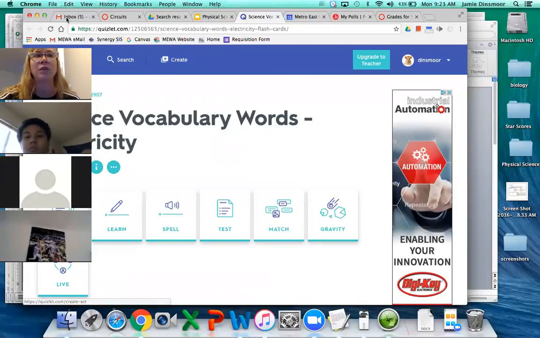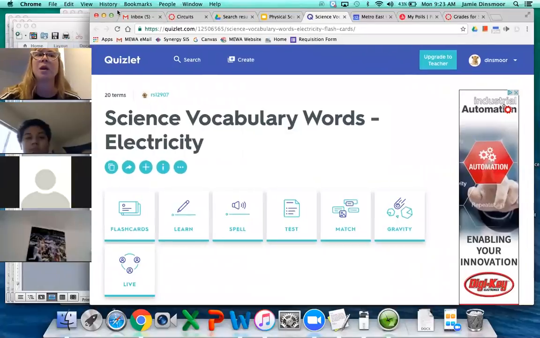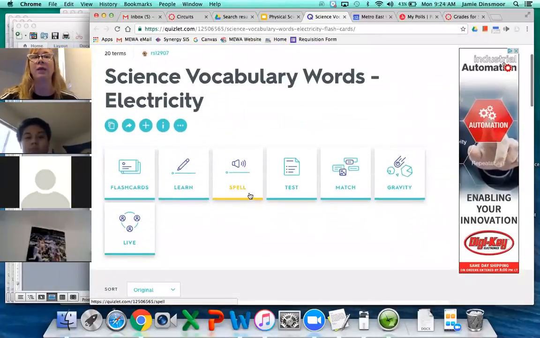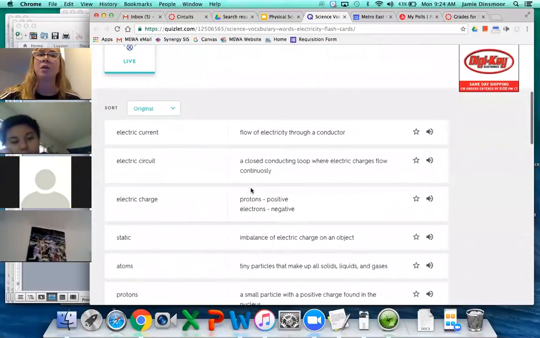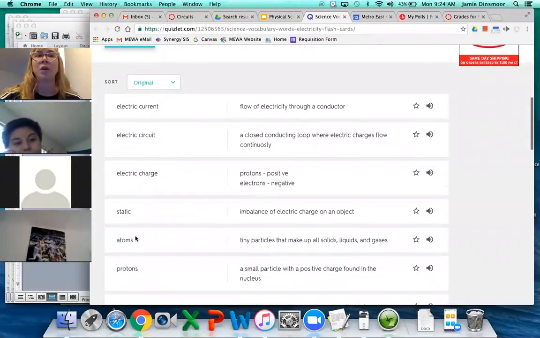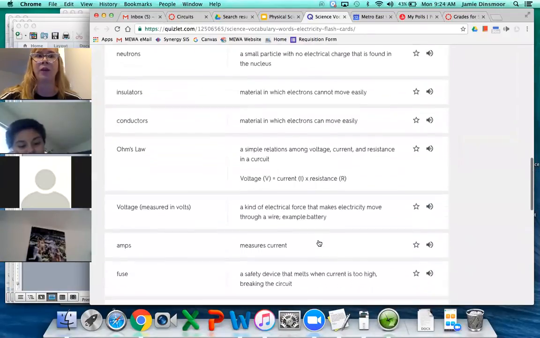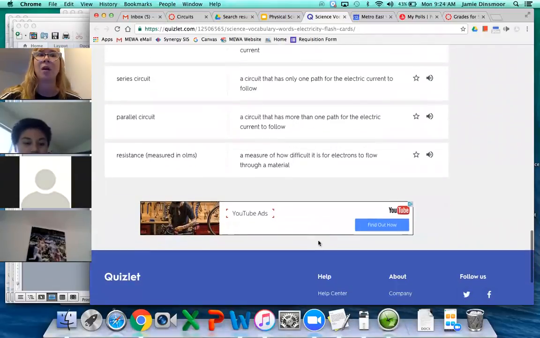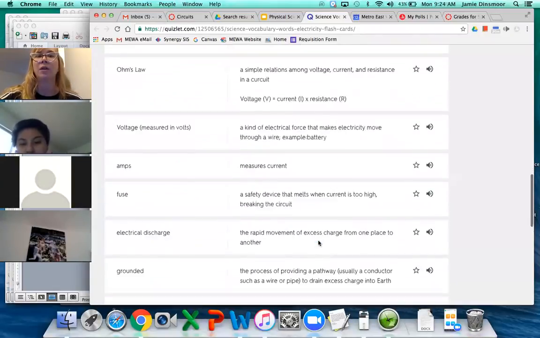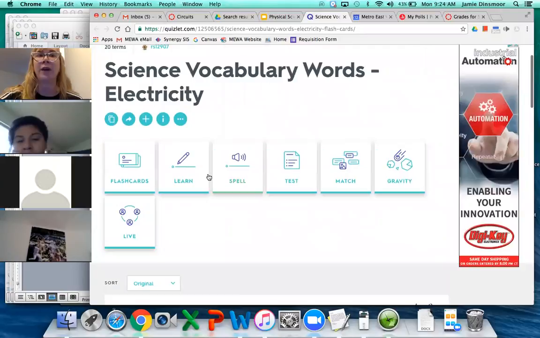Why can't I move this? There we go. Okay, so science vocabulary words, electricity. They have different topics. So this person went through and wrote all these words and all these definitions. And these are all things that have to do with electricity and that you will be learning. So you can study these by doing flashcards.